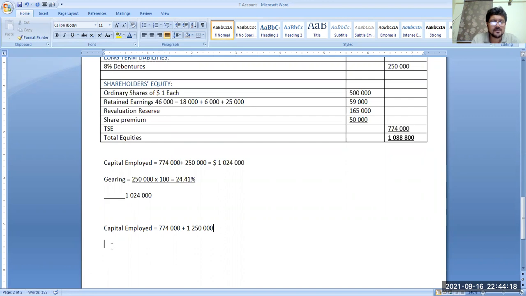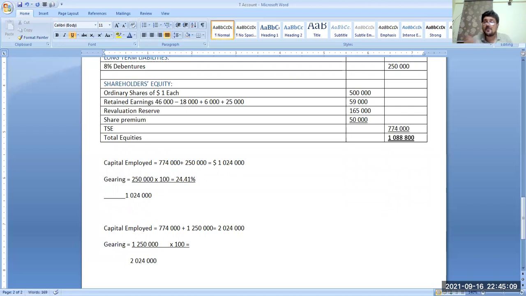So your gearing would be $1,250,000, and your total capital employed here is 774 plus 1,250, 2,024,000, multiplied by 100.